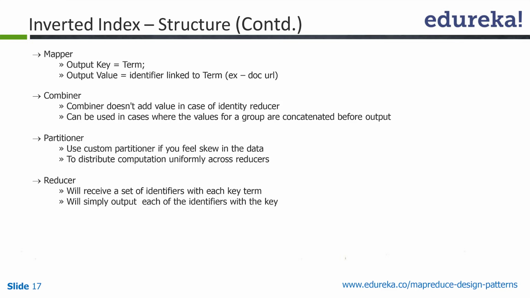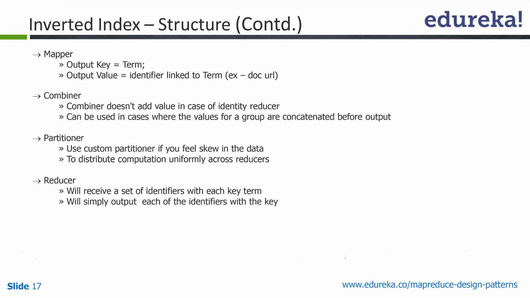But again, that doesn't provide any benefit in terms of the bytes of data which will be transferred across the network. Of course, the partitioner is important here because there could be skew in the data. There are certain terms which will happen many more times than other terms which are very infrequent in the document.